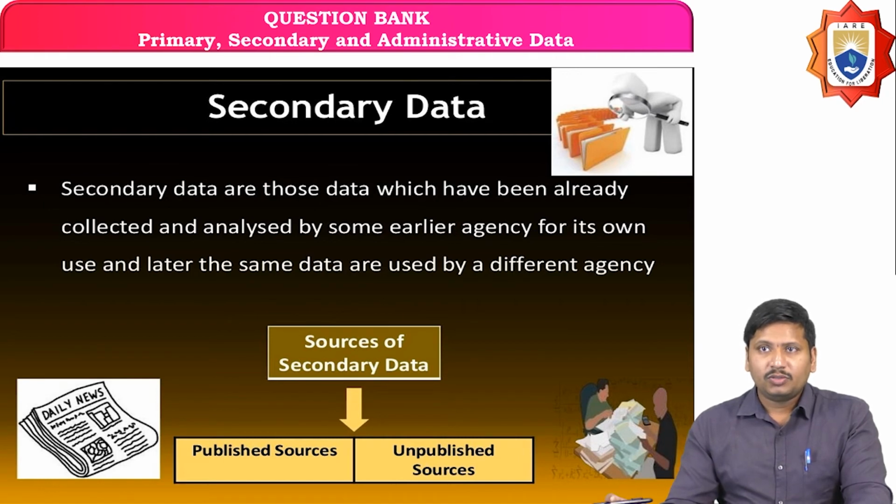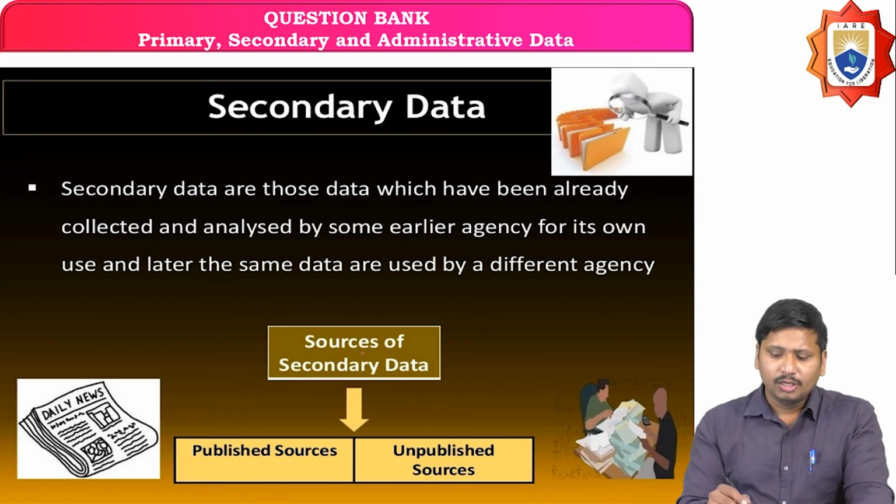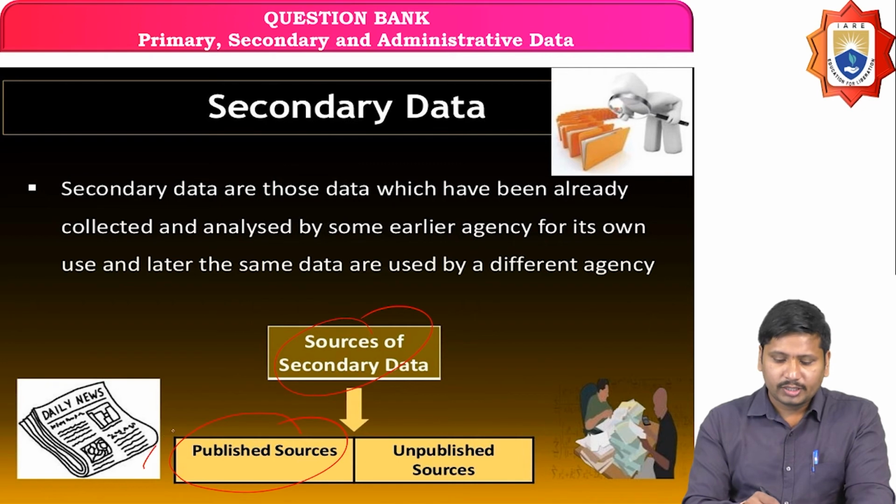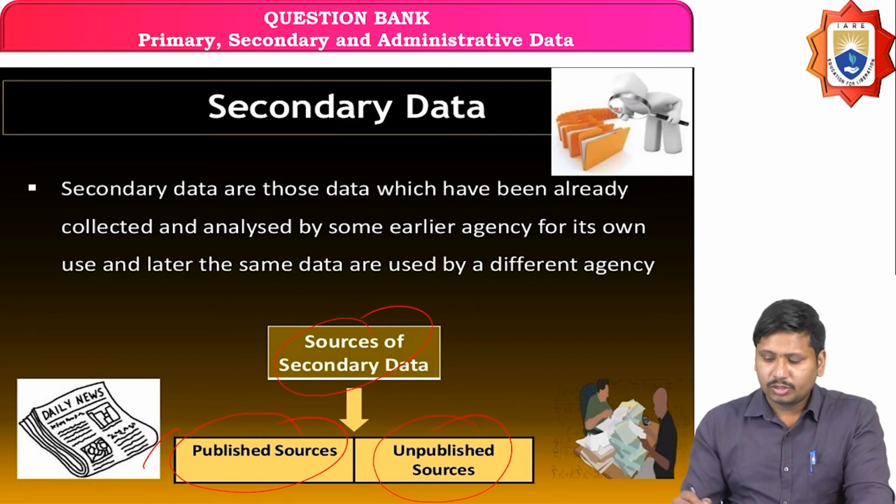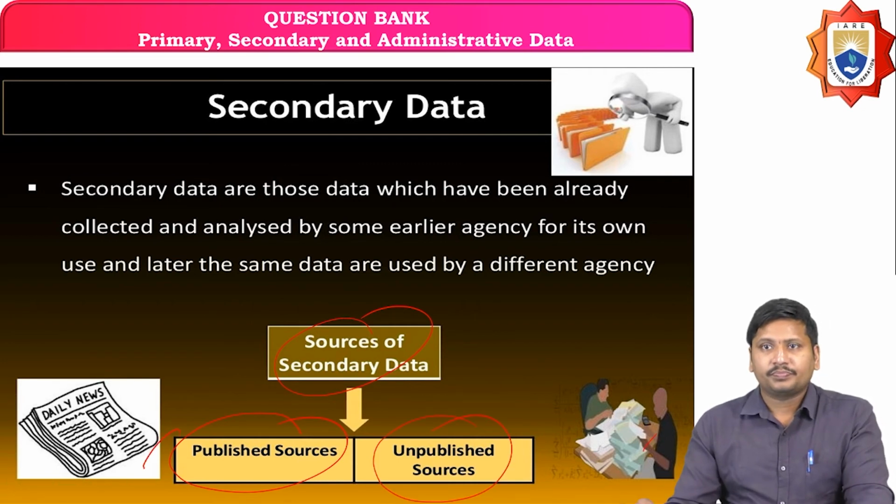Data already collected and analyzed by an earlier agency, and then used by some other agency, is considered secondary data. The sources of secondary data are classified into types like published sources, for example newsletters, and non-published sources like theses.